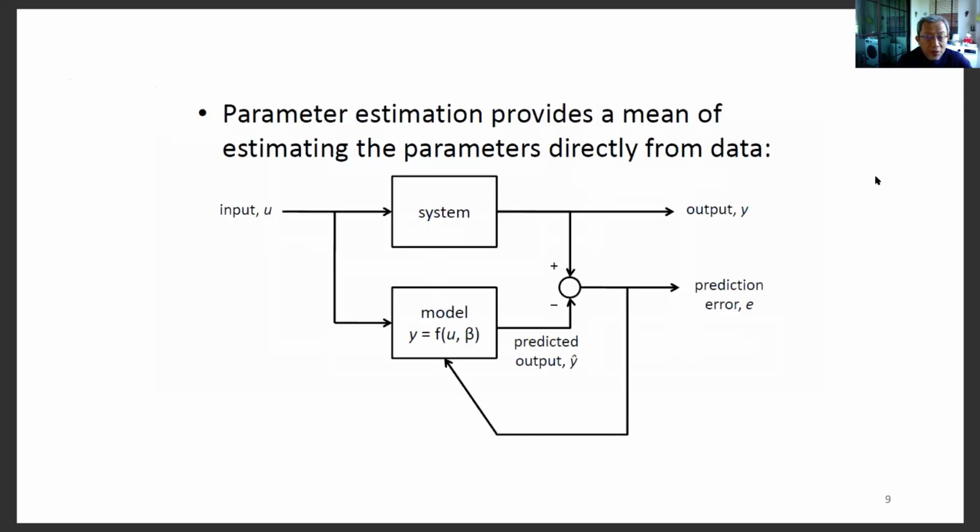Parameter estimation provides a means of estimating the parameters directly from the data. That's why you must have the actual input and actual output.